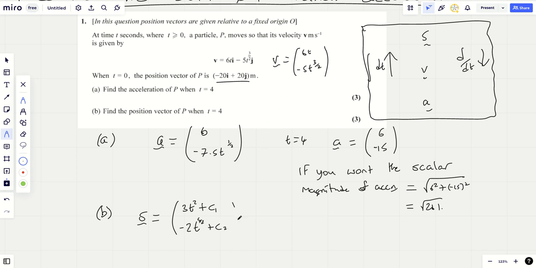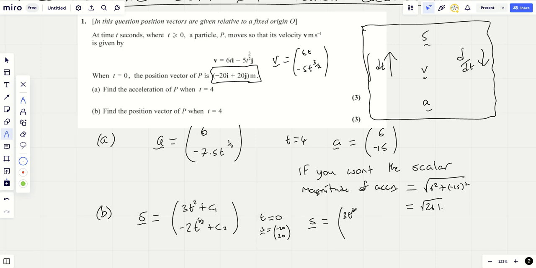And then plus c2. But we've got to make sure that we're going through this point when t equals 0. So we can actually find the value of c1 and c2. So t equals 0, s equals minus 20, 20, and I'm just going to plug this in. Because t is going to be 0 there, c1 is just going to be minus 20 and c2 is going to be 20.